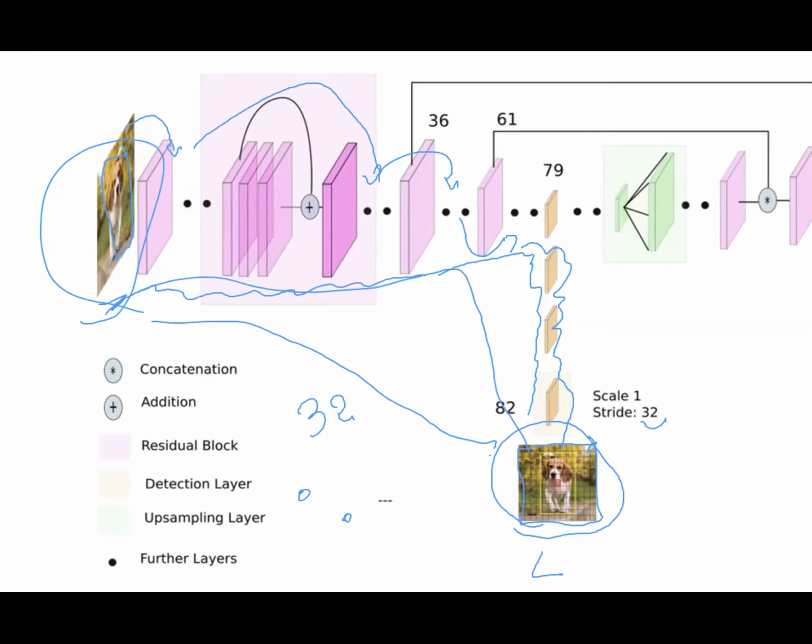We will see how it does the classification and the bounding box regression later. For now, the only thing we care about is that it takes an image, passes it through a couple of convolutional layers, and from these layers it does the detection of the large objects.